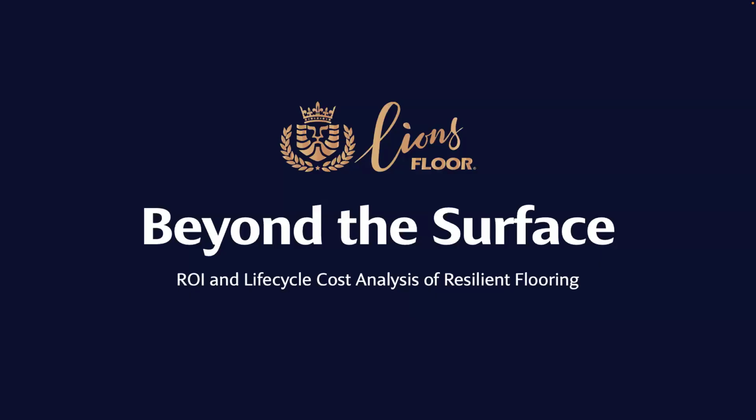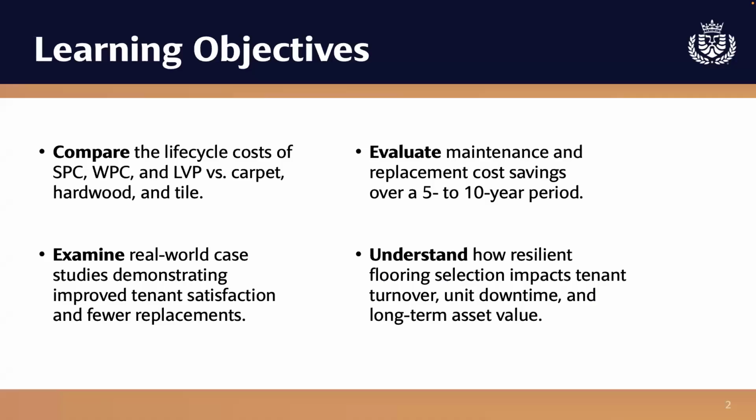Hope you're having a great day. So again, this is Beyond the Surface, and it talks about return on investment and life cycle cost analysis on resilient flooring. The first thing we're going to look at is the key learning objectives we're going to talk about today. The life cycle cost of luxury vinyl versus carpet and hardwood and tile.